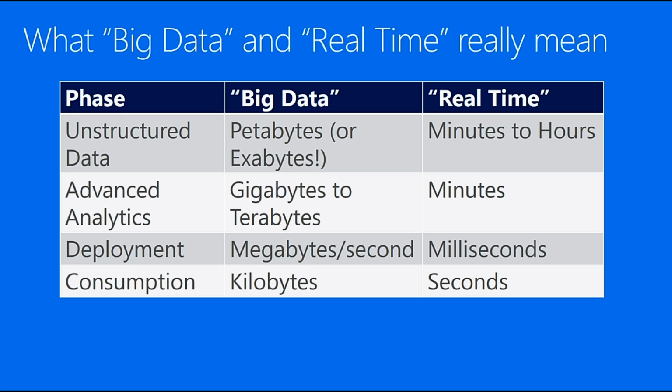Now we're transitioning out of the big data phase of things and more into where real time becomes important. Because when we deploy these models into a real-time environment, think of a web server that's sitting behind that website that I showed you at the very beginning, that's responding to all those people that are visiting that web page and generating the ad that you saw on that screen. The amount of data we're talking about isn't great.